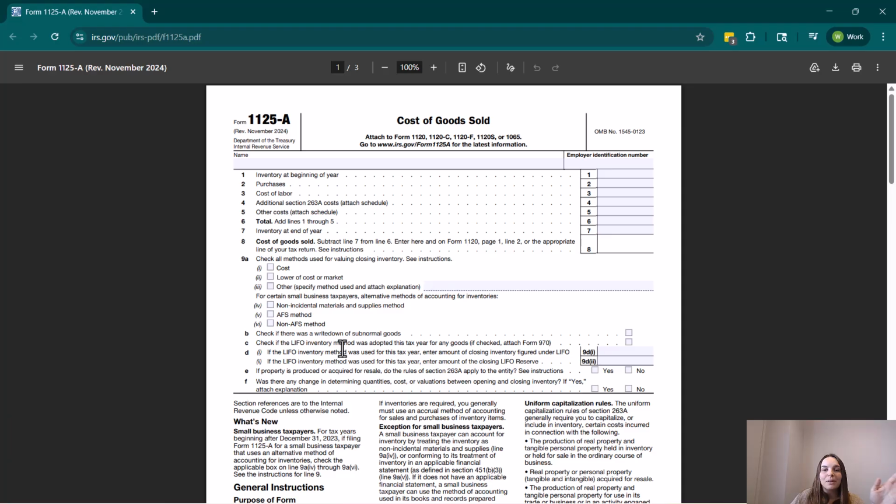So we have a couple of different methods. We have FIFO, which is first in, first out. So for example, if I have an item for purchasing a specific product, like a part for my manufacturing, and I have this batch that I've purchased, and this batch cost me 70 cents a piece.